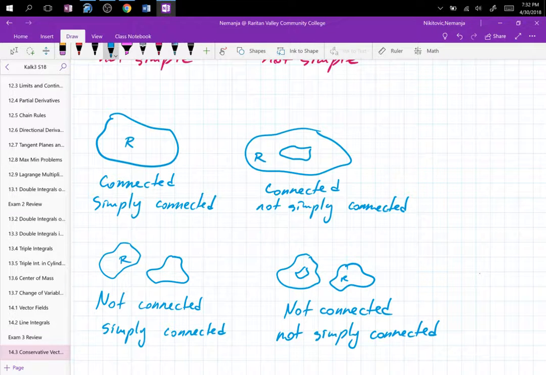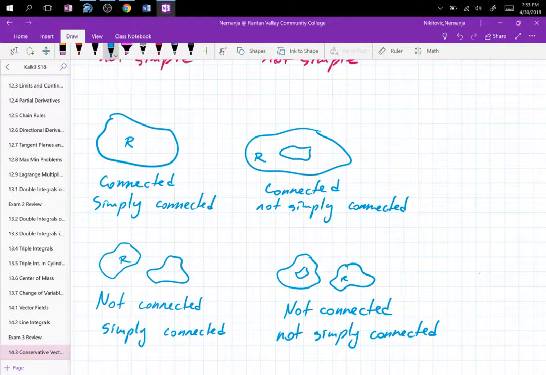So, as you can see, the connected part means that it's one piece, right? The mainland, connected. When you have islands, they're not connected. And then you have a simply connected concept, which means that every line that you can possibly take in the region from point A to point B has to be in the region.